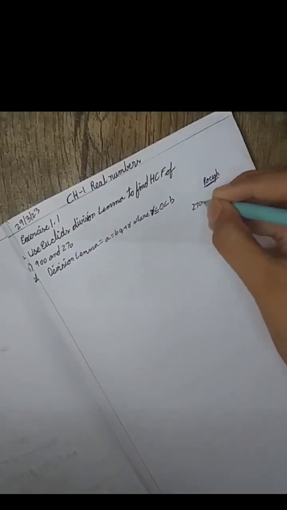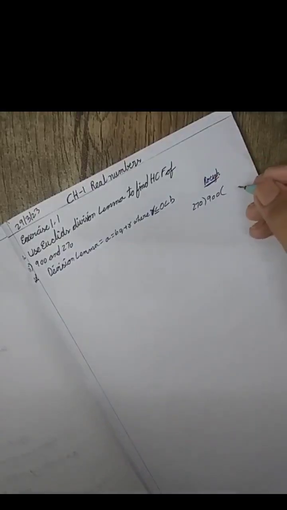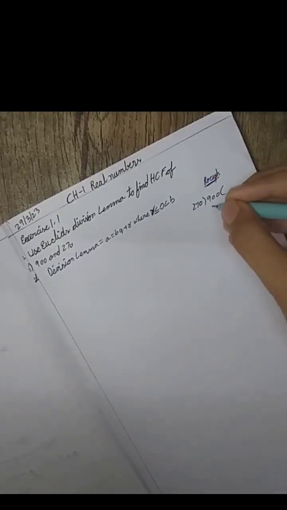First, we should do the long division method of HCF in rough work. Let's take 273; 273 is 810. It became so small.